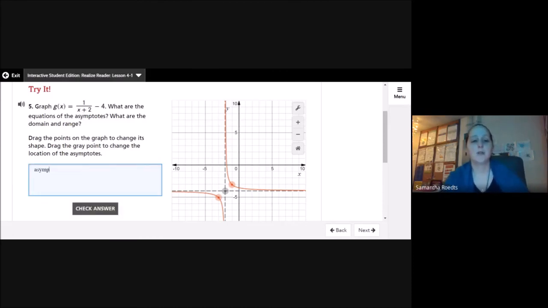So my asymptotes are x equals negative 2, y equals negative 4. The domain is x, where x cannot equal negative 2. Range is y, where y cannot equal negative 4.